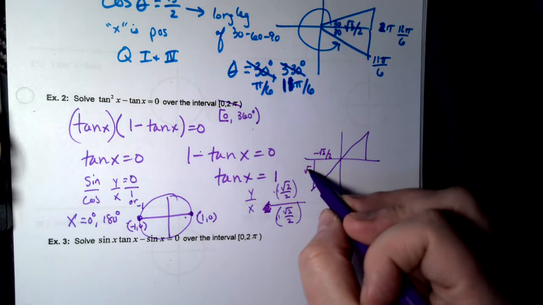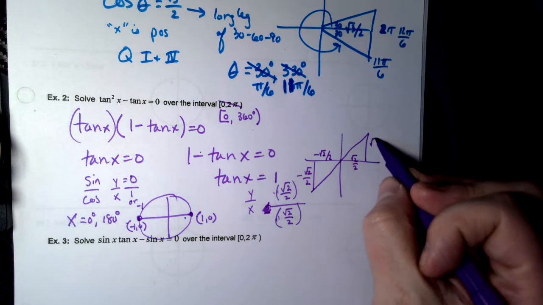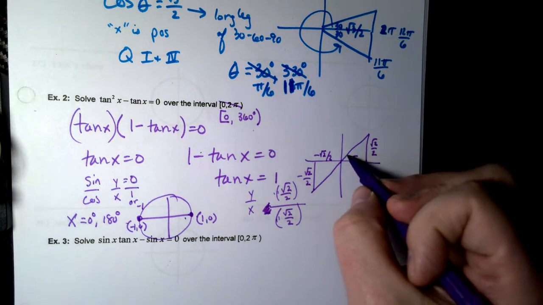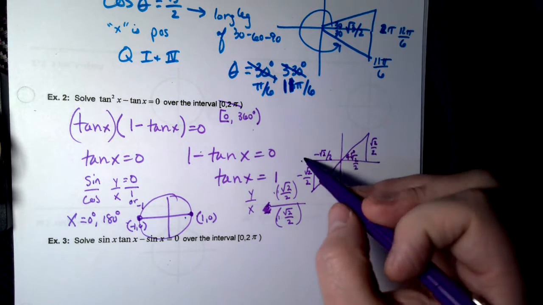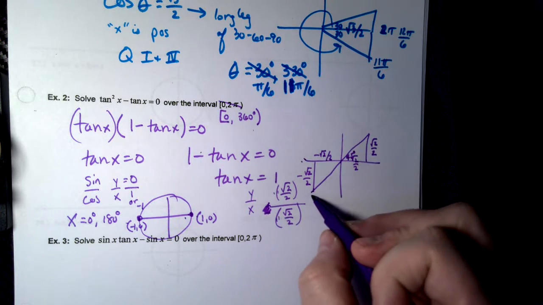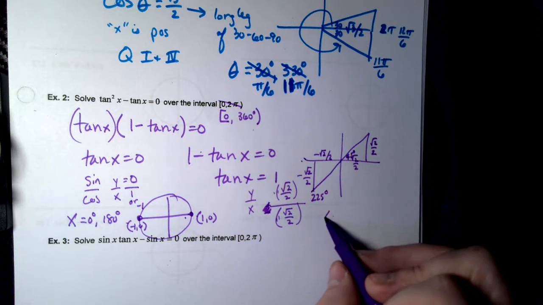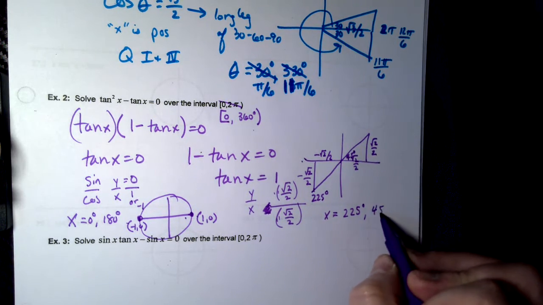Negative square root of 2 over 2, negative square root of 2 over 2. Positive square root of 2 over 2, positives. Those are the 45, 45, 90 triangles. So this one would be 45 degrees. This one would be 180 plus 45, 225 degrees.